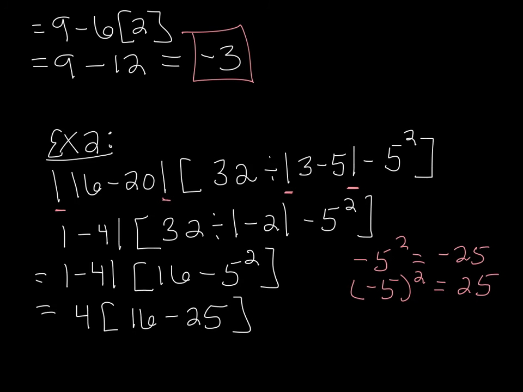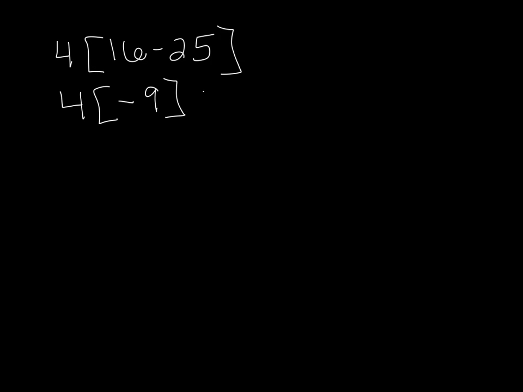So continue to simplify. If I say 4 times 16 minus 25, then simplify that inside, and now you have 4 times a minus 9, which then equals a minus 36. So minus 36 is our answer there.